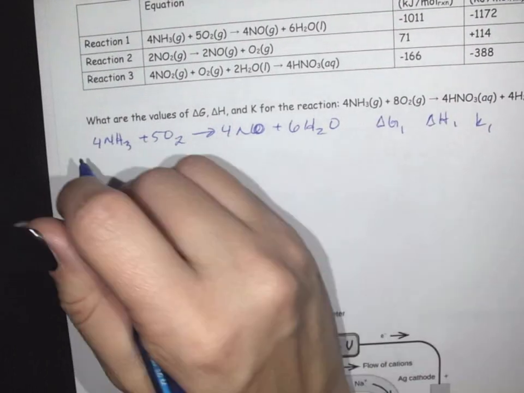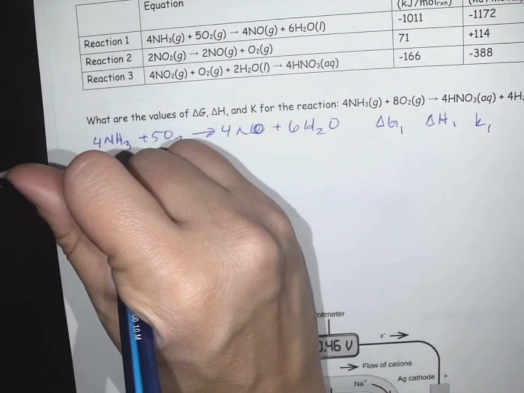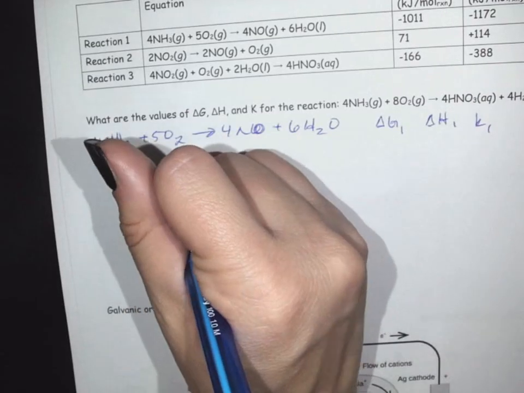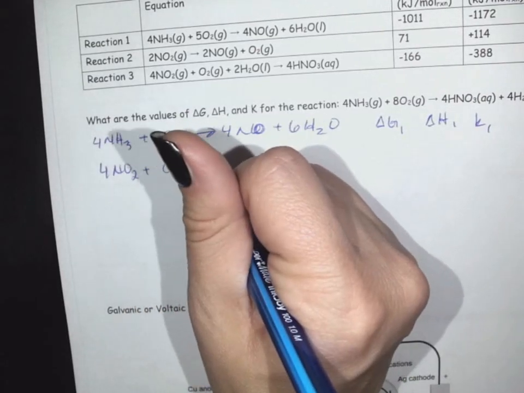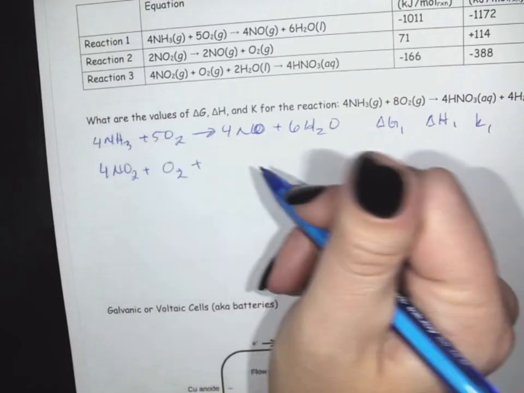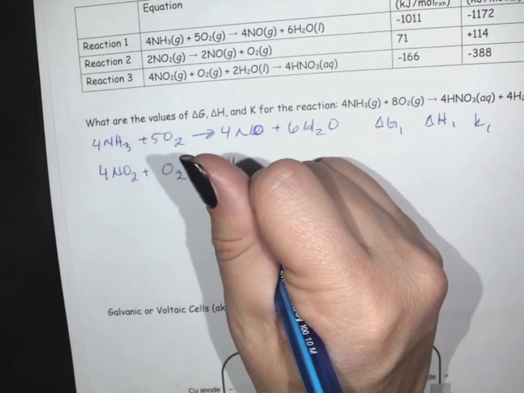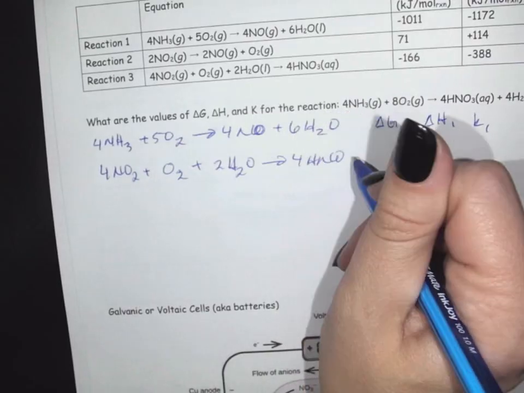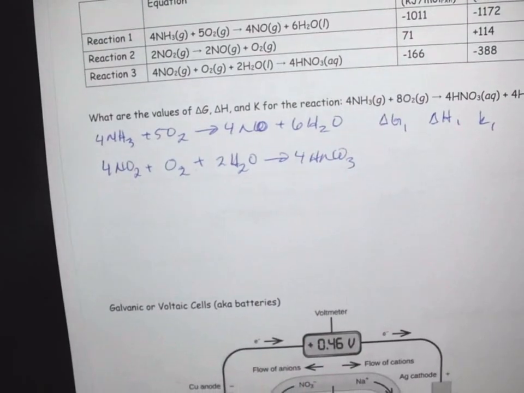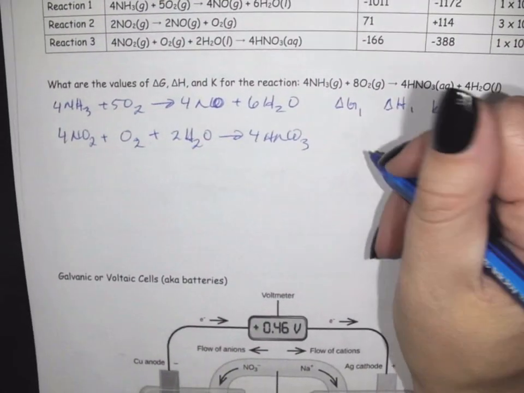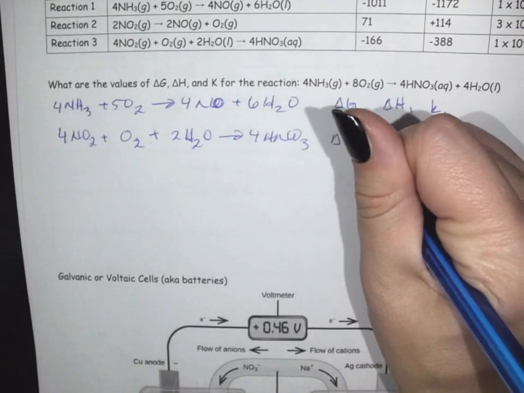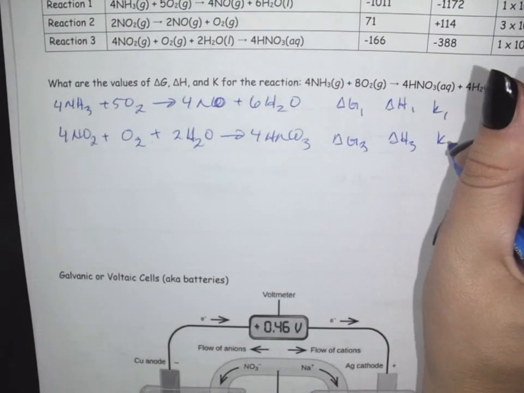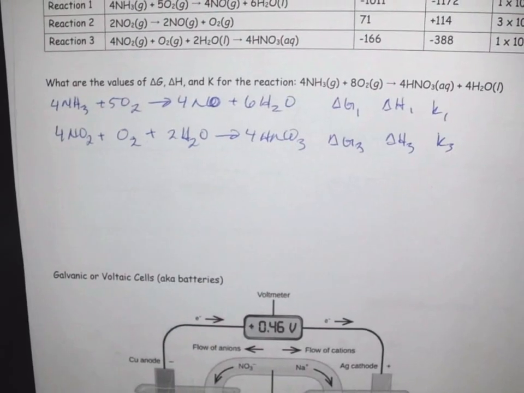So that would be 4NO2 plus O2 plus 2 waters. That's going to give us 4HNO3. And again, because I didn't flip this reaction, because I didn't multiply this reaction, this will just mean that the G value, the H value, and the K value all stay the same.